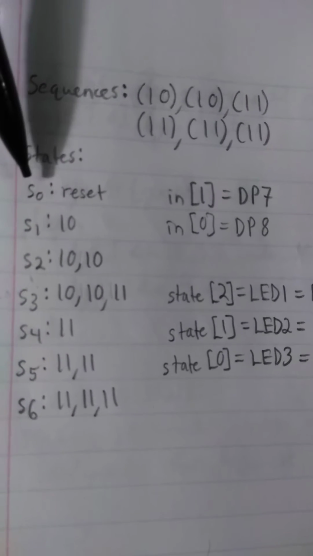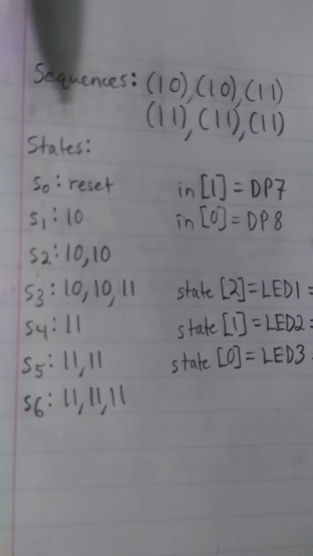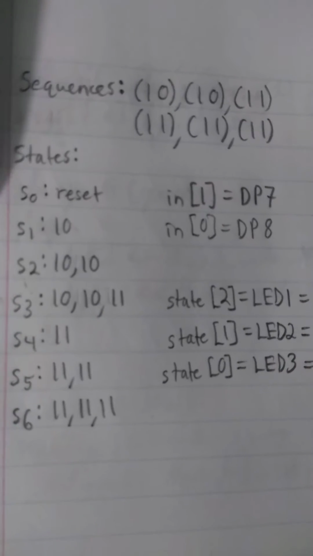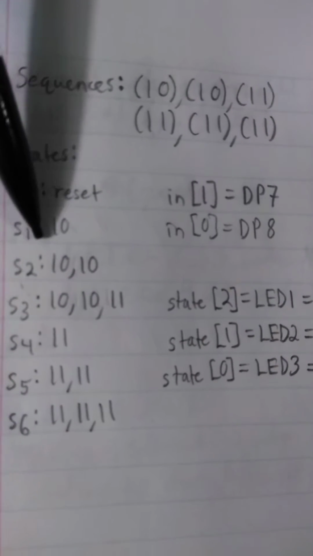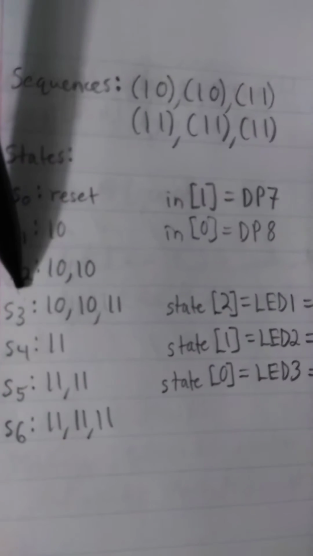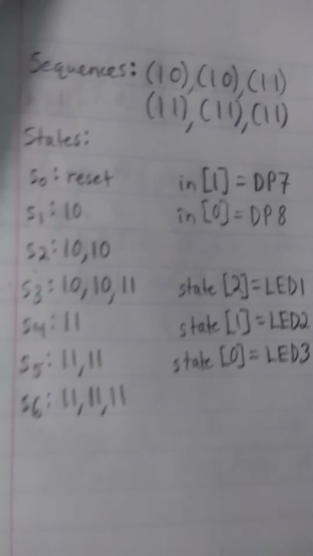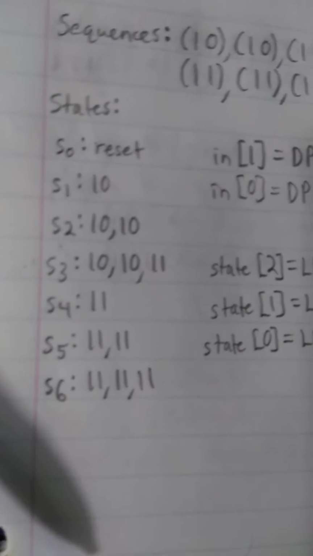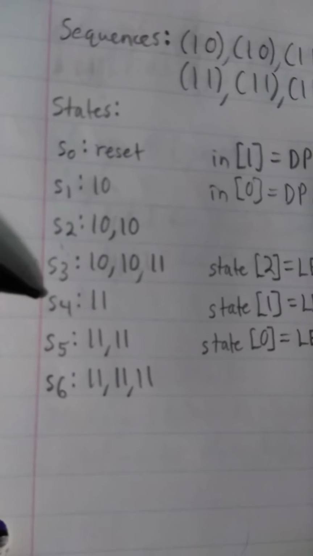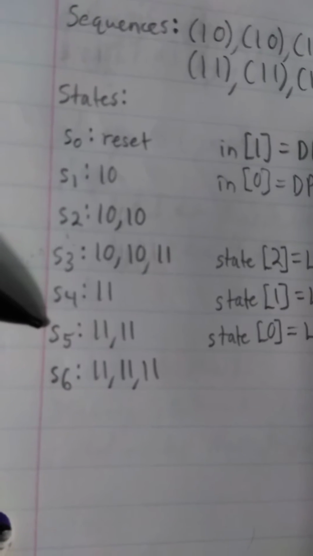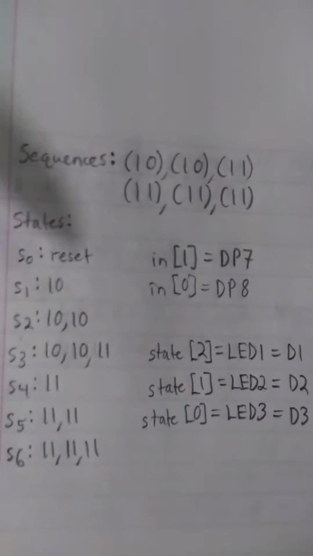S0 is my reset state, S1 is 1 0, S2 is 1 0 1 0, S3 is 1 0 1 0 1 1, and then S4 is if a single 1 1 pair showed up. S5 is 2 1 1 pairs, and S6 is 3 1 1 pairs.